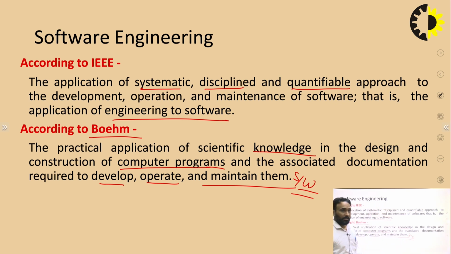Both of these are specific definitions of software engineering. One is given by IEEE, and the second is given by the scientist Boehm. So these are the basic definitions. Now we can conclude what software engineering is.